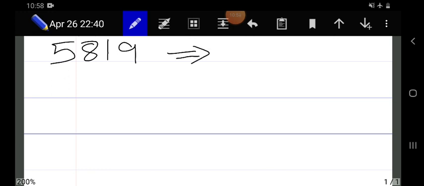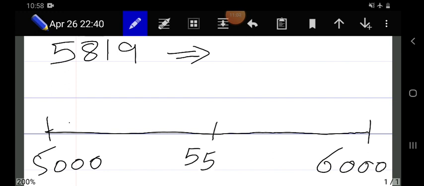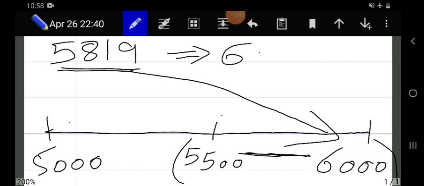As we have to estimate it to the nearest thousand, 5,819 lies between 5,000 and 6,000, and the midpoint is 5,500. 5,819 comes after the midpoint, so it will be rounded off to 6,000.